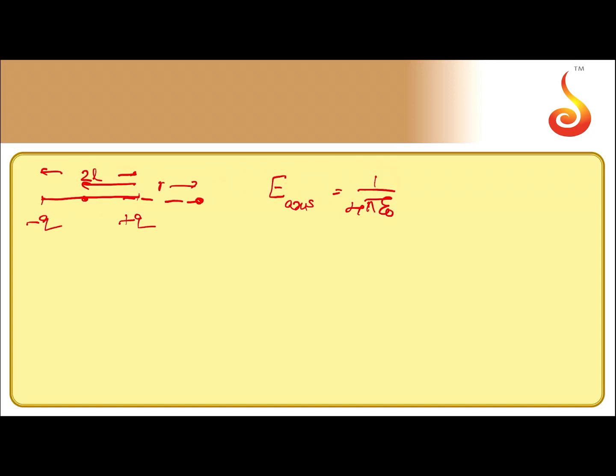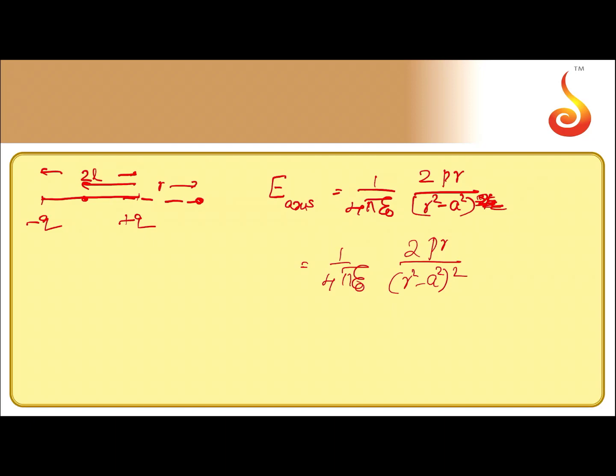That is 1 by 4 pi epsilon naught into 2 P R divided by R square minus A square whole square. I'll write again, 1 by 4 pi epsilon naught 2 P R, R square minus A square whole square. What is that R?